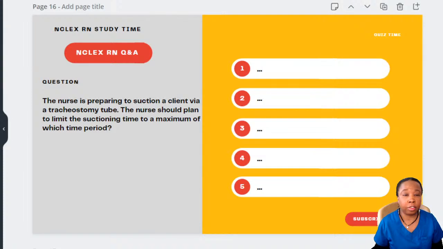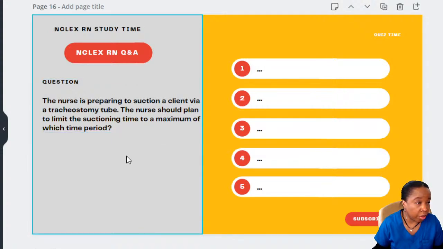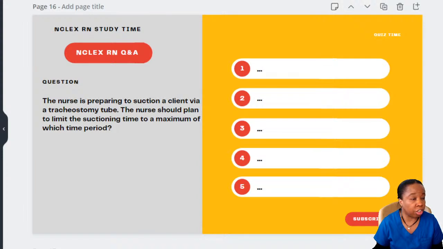Okay, this is a continuing of the respiratory portion of the NCLEX RN questions. So let's start with the first question. The nurse is preparing to suction a client who has a trach tube.